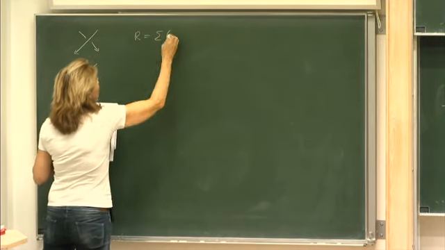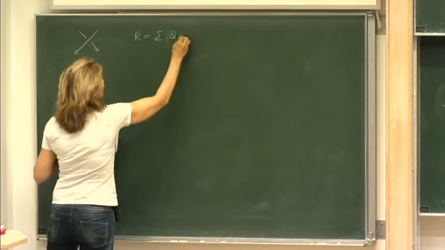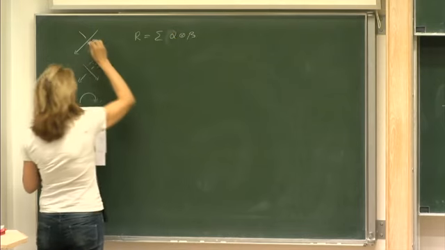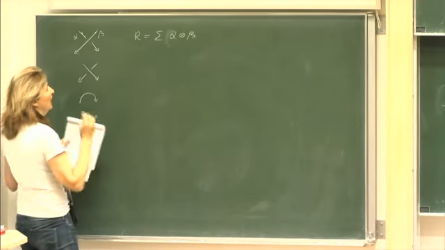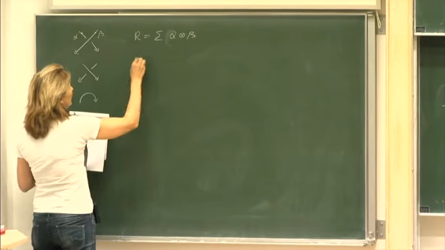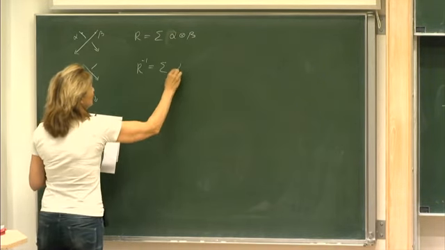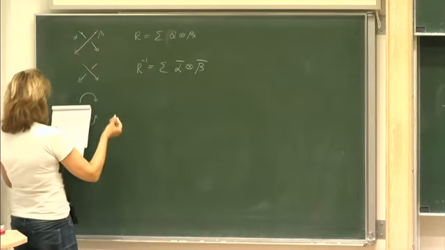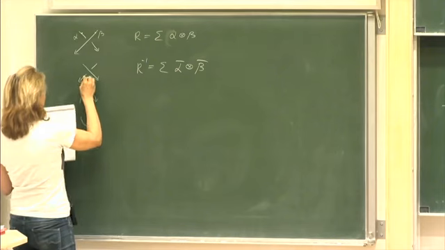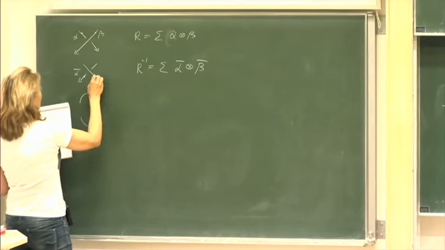So the R matrix you can write down symbolically as alpha tensor beta, and what you're putting here is alpha, and here you're putting beta. So the inverse of the R matrix I'll symbolically write as alpha bar tensor beta bar, and here I'll put alpha bar and here beta bar.